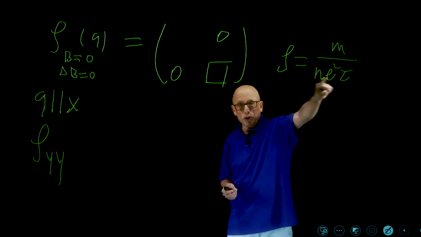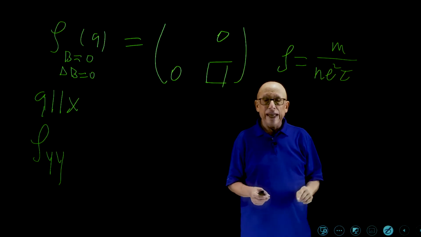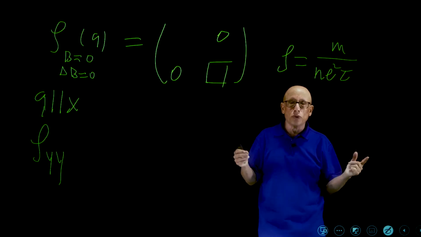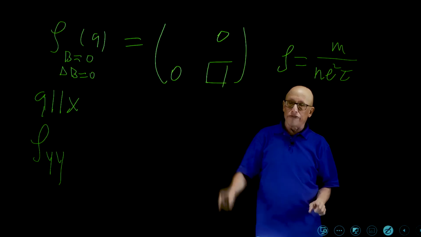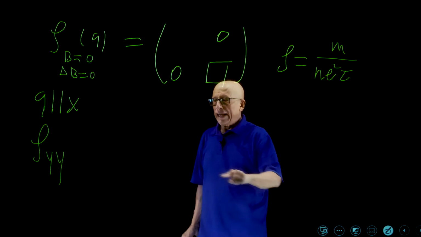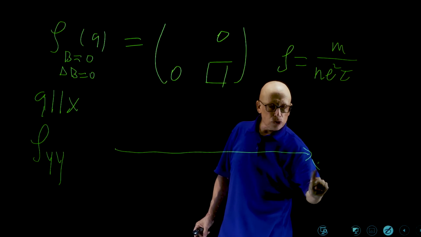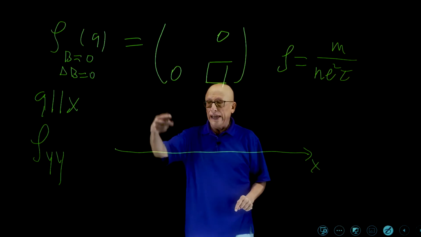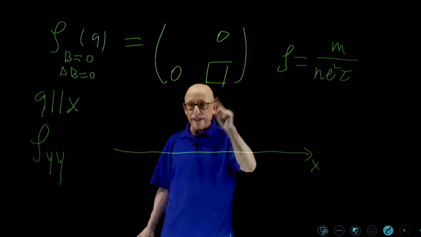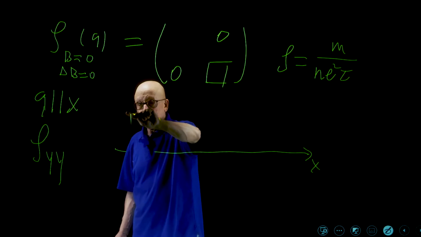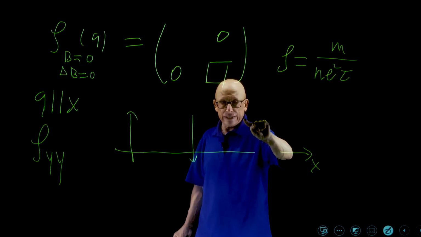So I'm going to use this expression and wave my hands to get rho yy with no disorder this time, but with finite Q. So here's the x direction. I need the rho yy, so I'm going to prepare a current in the y direction that is oscillatory as a function of x.